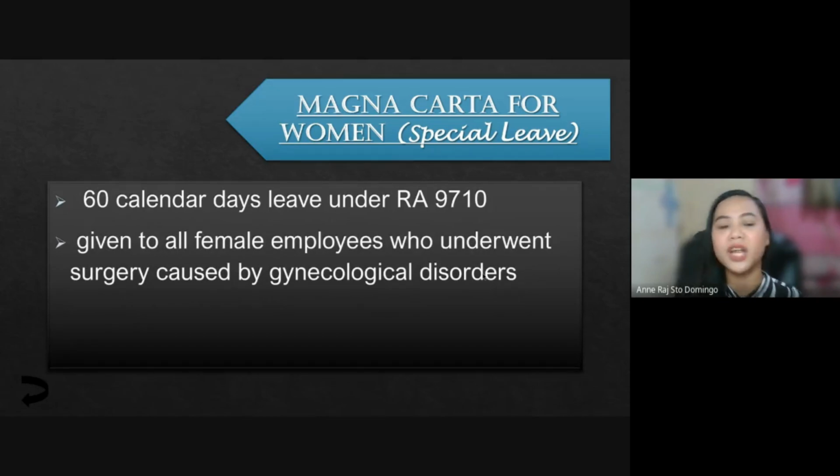Basta nag-undergo or merong naging operation or surgery with their gynecology or related din sa pagkababae. Yung mga disorders or sakit na related sa pagkababae. So this is under Magna Carta for women. That is why we have the law for child and women's protection.